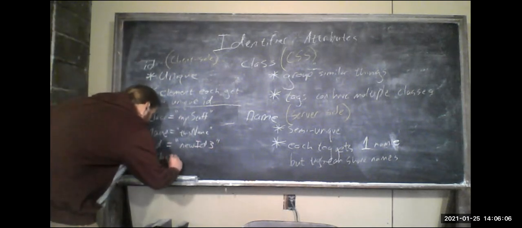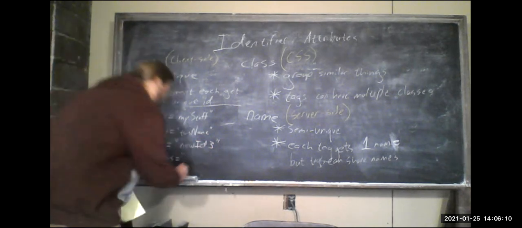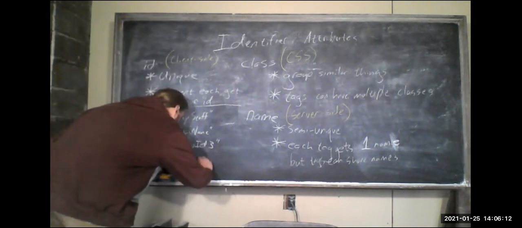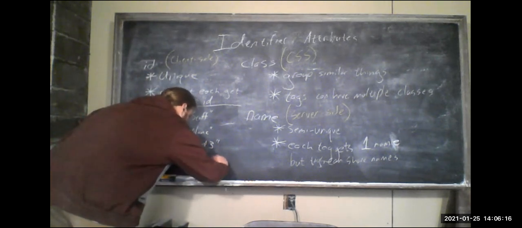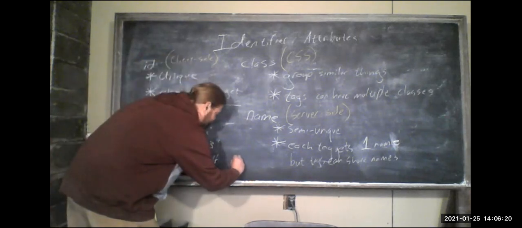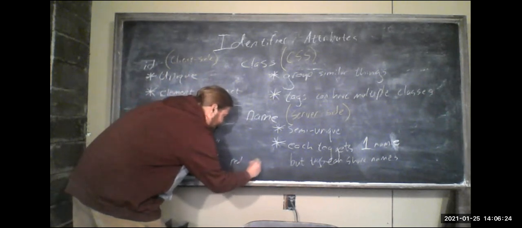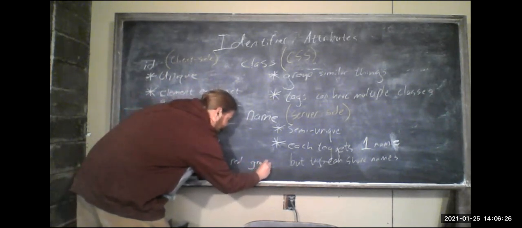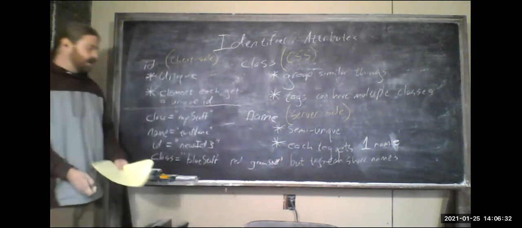So like class equals blue stuff, and then a space, and red stuff, and green stuff, and just separate them by spaces, all inside of those quotation marks.